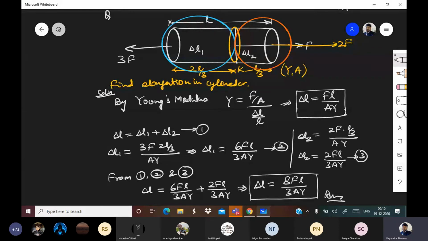The white color line is acting somewhere in between, at the length of 2L by 3. That's why I categorically used two different colors, because I knew this point would be raised later. We could not understand where the forces were acting, so I chose different colors to clearly mention which force is acting where.